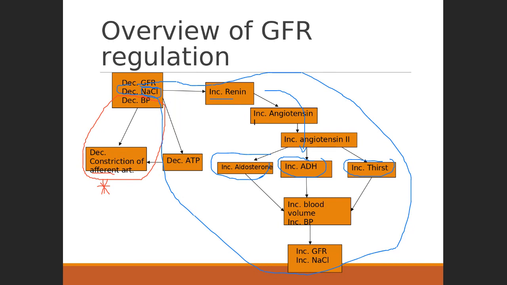Blood pressure will rise because now we're raising blood volume, which will take the initial change we saw in GFR and eliminate that blood pressure change that was the result. Blood pressure was decreased. GFR is going to take that blood pressure now and raise it back up as a way of stabilizing GFR.